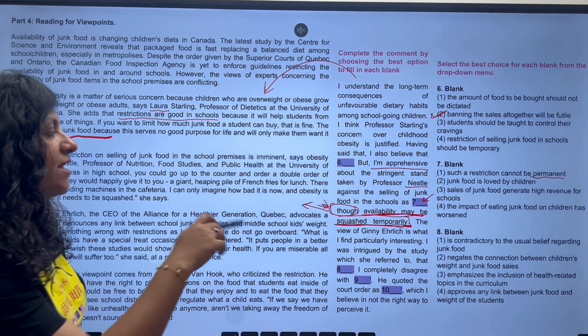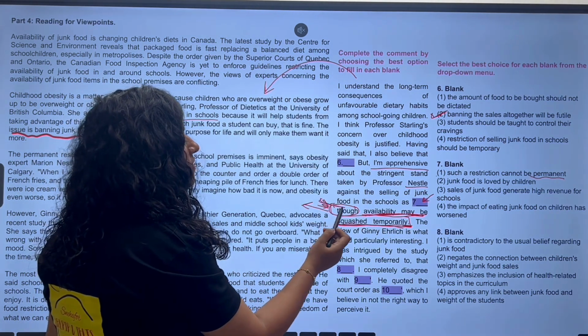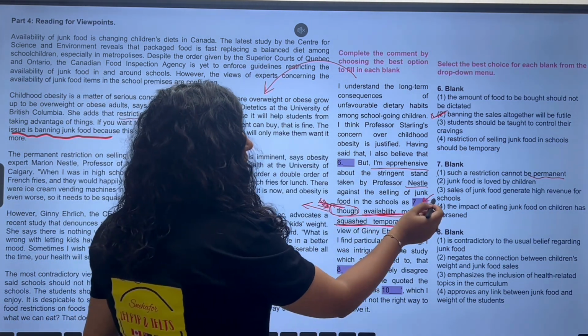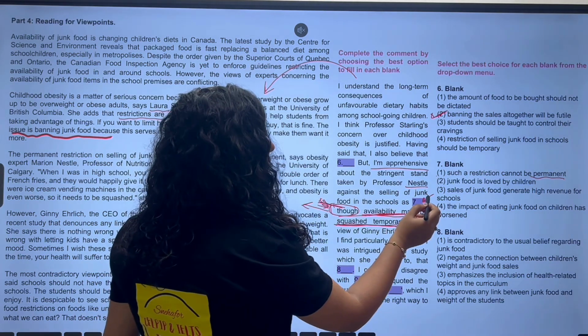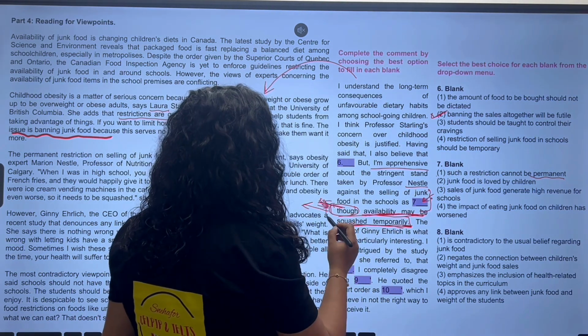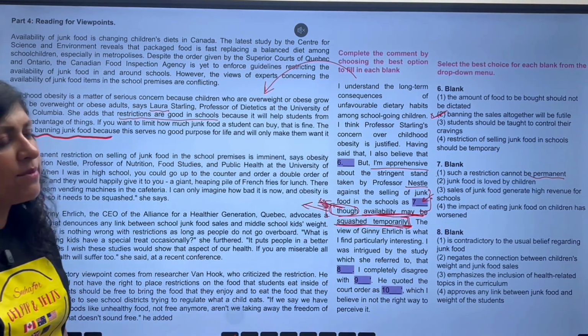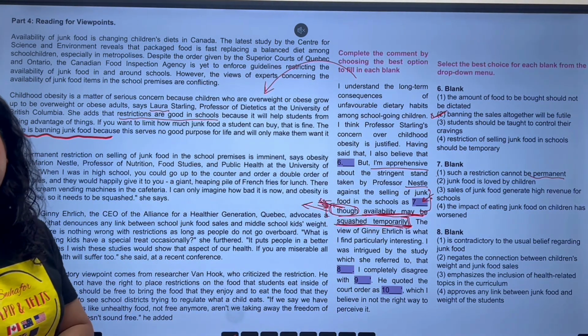So as you saw, it's a hint connector. It connects two opposing ideas. If you had not done that, let's say if you just stopped over here and did not read this part, then you won't be able to answer the question, because then anything can come there, right?